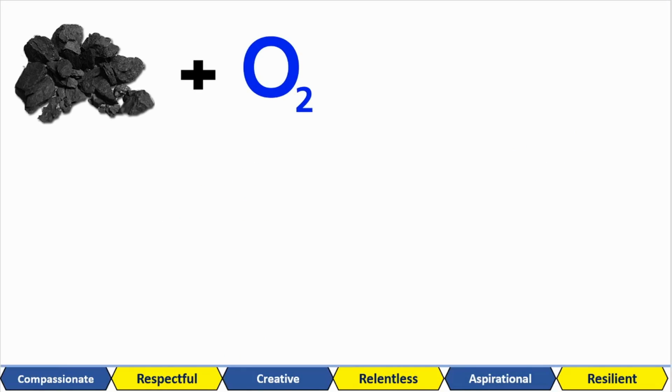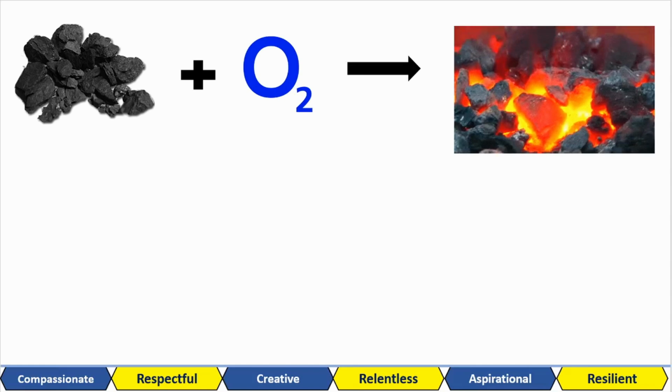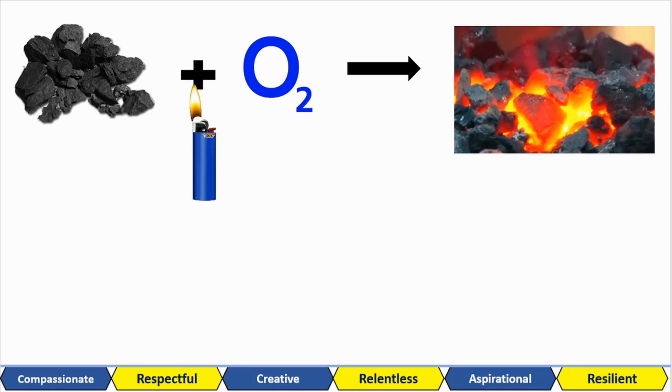Alright, I've got coal in my pocket and oxygen in the air, but it doesn't start giving out thermal energy straight away. The chemical reaction hasn't started yet. We need to activate the reaction. Look carefully at this.